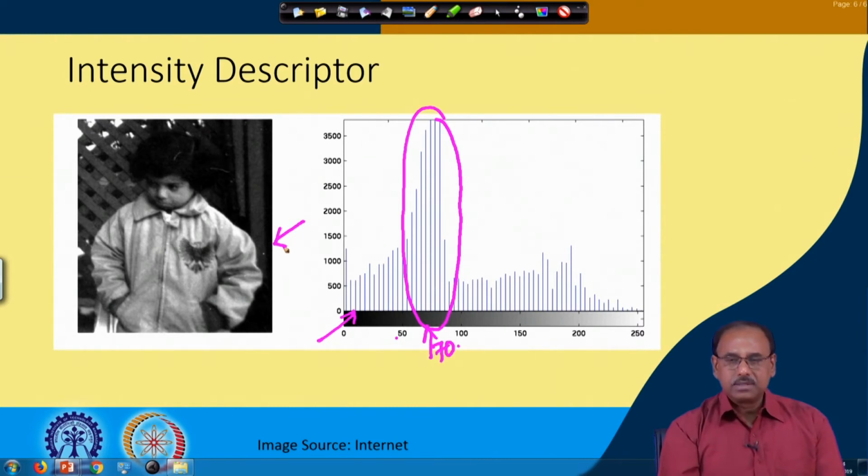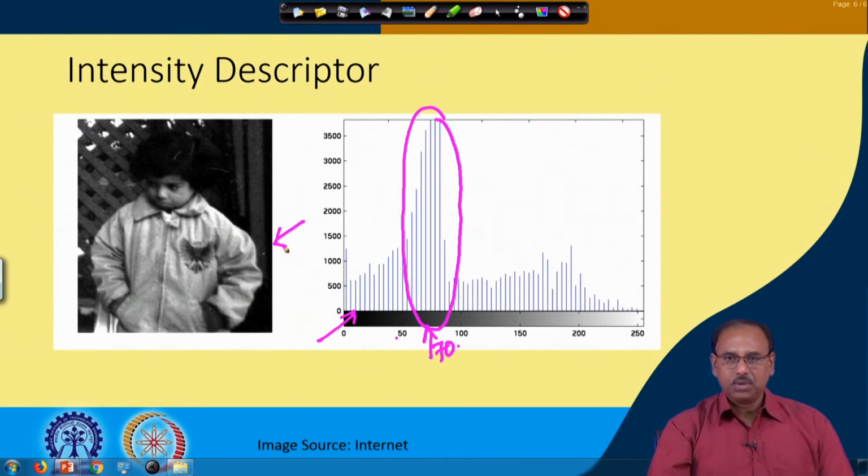So, that clearly says that this histogram gives you very important information about the intensity distribution within the given image or within a given region. As we extracted the shape information or the shape descriptors in our previous class, in this class we are going to discuss region property extraction, and intensity distribution is one of the important region properties.